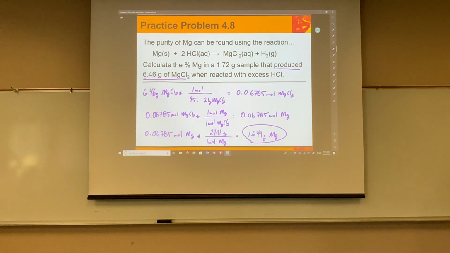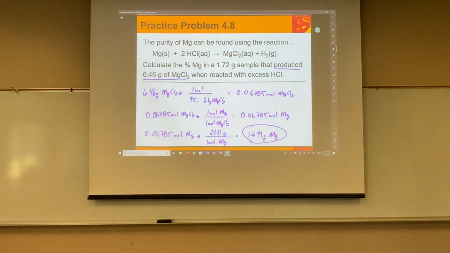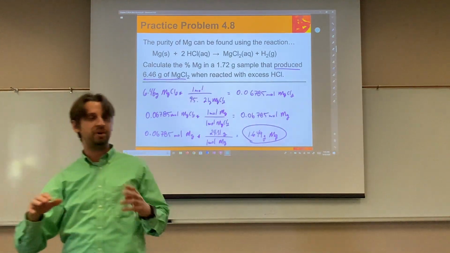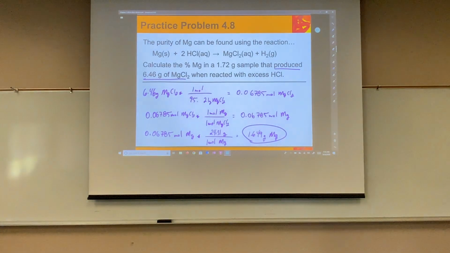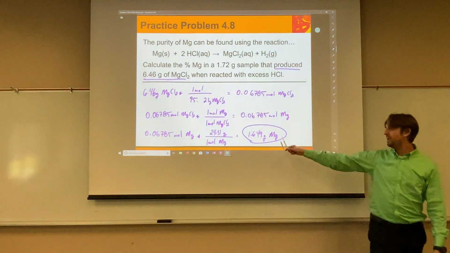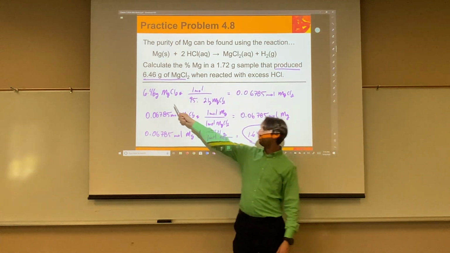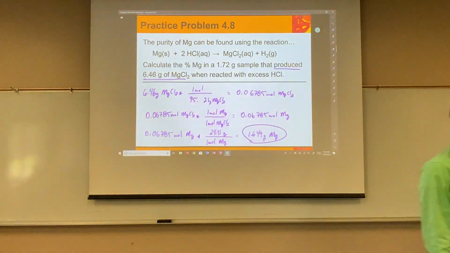If you're just looking at this and saying, yep, it's a number, you're missing the important part. Talk to yourself about what that number means. If you don't, it's just going to forever stay as a number, and every time you work this problem, you're going to be confused and panicky, right? Talk to yourself about what you're doing for each step. This tells me I took 1.649 grams of magnesium and it produced 6.46 grams of magnesium chloride. That's what that tells me. Got it?